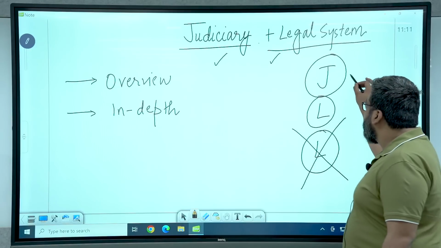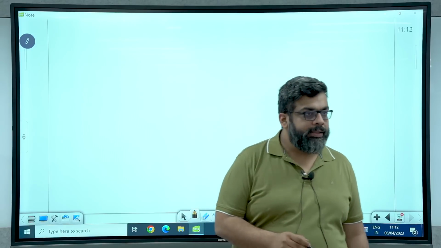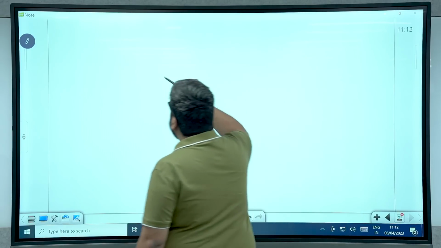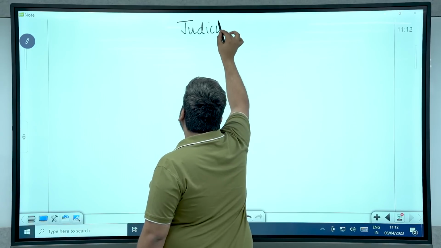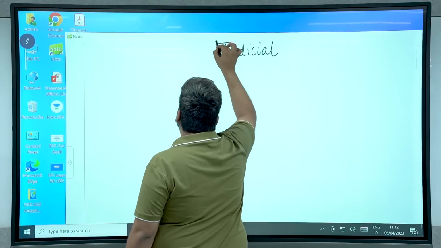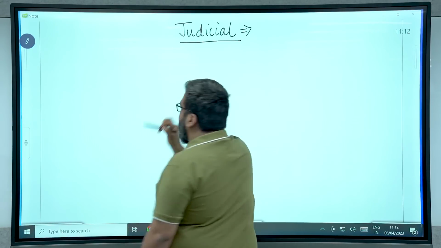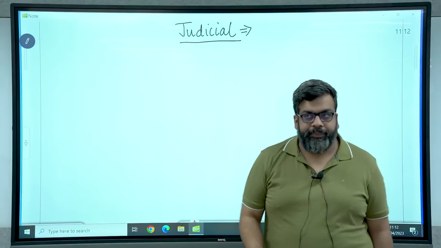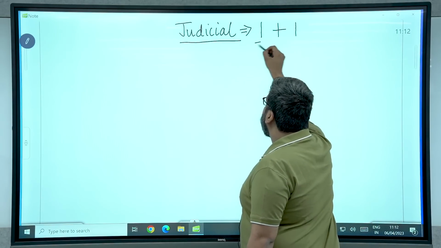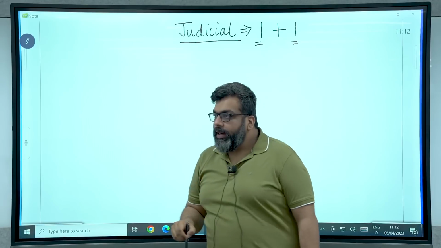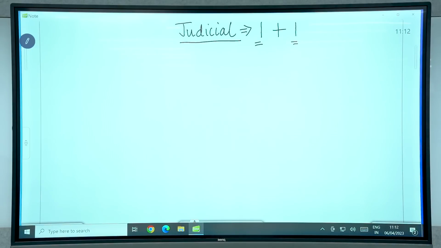So, let us first pick up what is called the judicial system of the country, right? When we're looking at the judicial system of the country, we are fundamentally understanding that there are 2 very important terms that we use, that it is independent and it is integrated. It is independent and it is integrated.